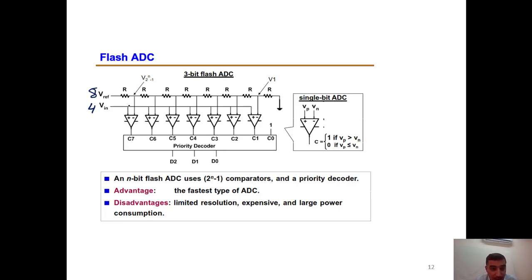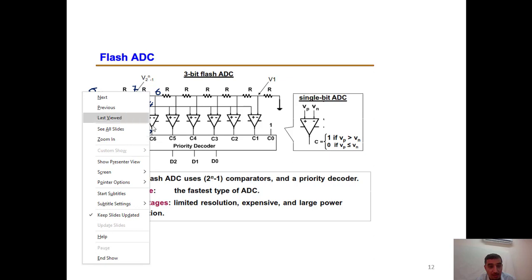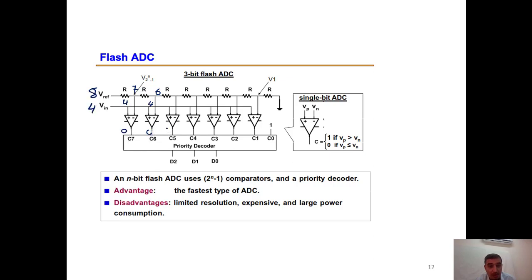So first of all, here 4 is compared with 7. Is 4 greater than 7? No. Then 4 is compared with 6. Is 4 greater than 6? No. Then 4 is compared with 5. Is 4 greater than 5? No.